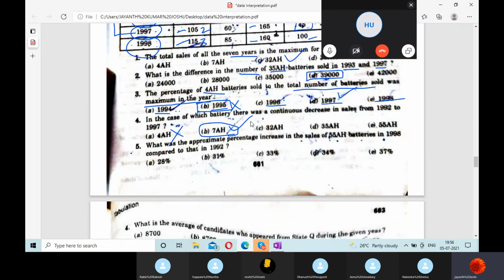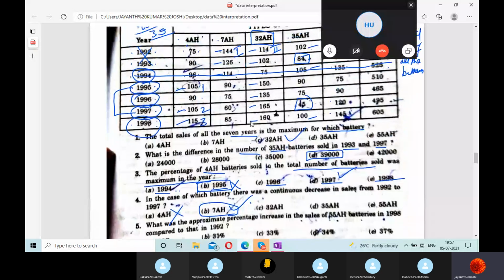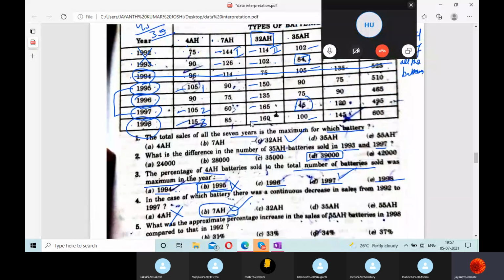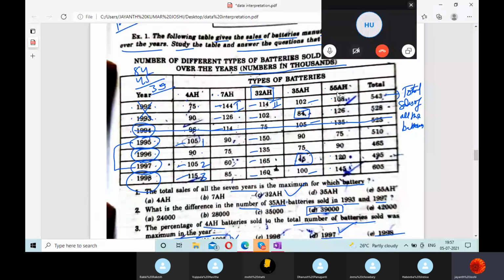Last question. What is the approximate percentage increase in the sales of 55AH batteries in 98 compared to 92? So 55AH batteries.